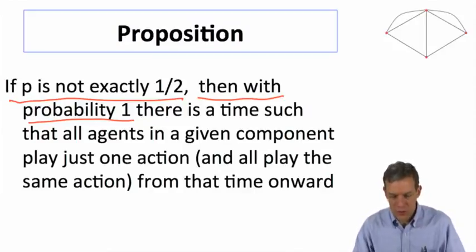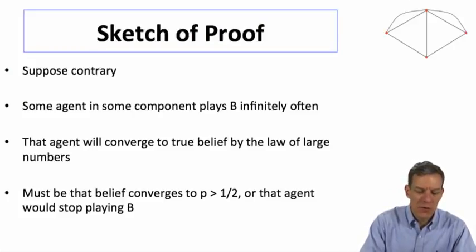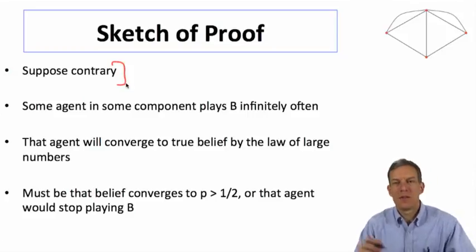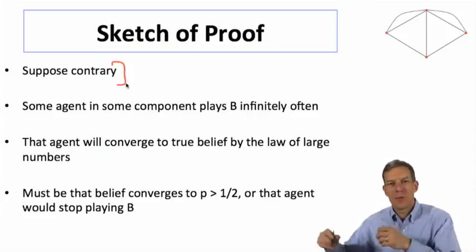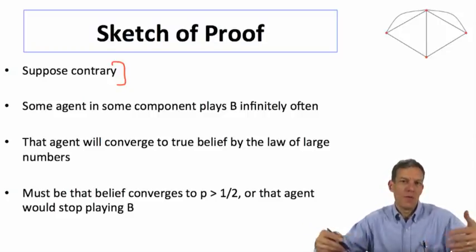So that's the nature of the proposition. Let's talk through the intuition and basic proof behind this. Why is this true? I'm just going to sketch out the proof. It's fairly easy to fill in the details here. Let's suppose this weren't true. Then somebody's going to have to switch back and forth infinitely many times. Otherwise, we'll eventually converge.